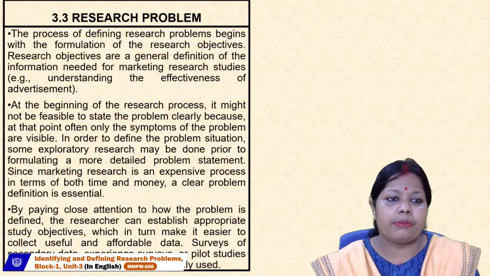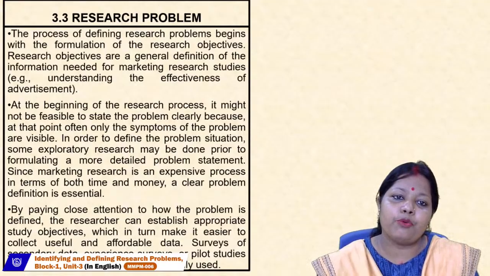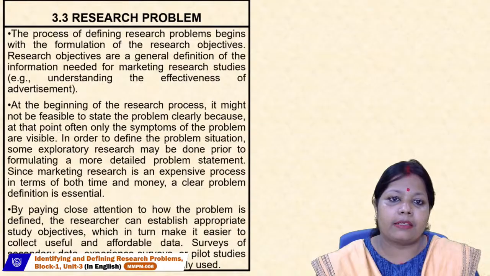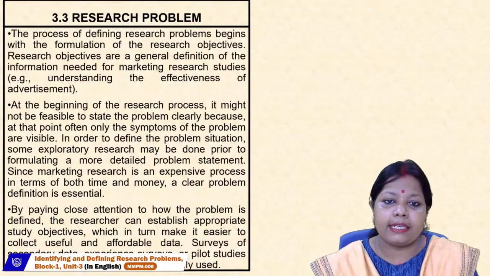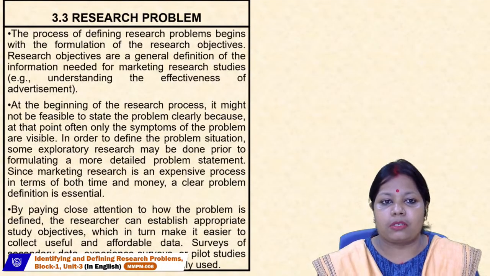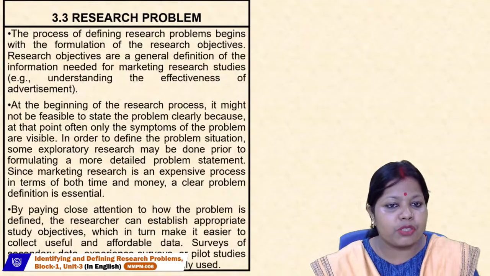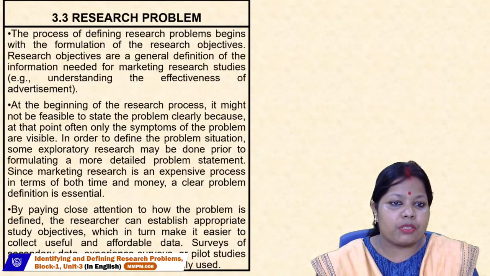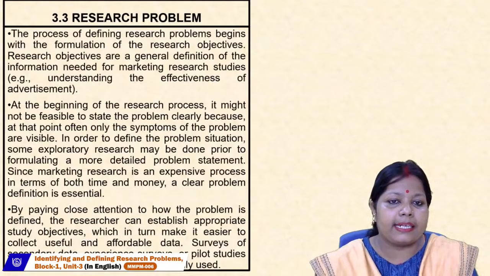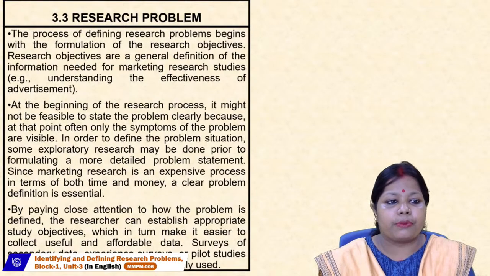Suppose we are launching any kind of promotional activity for a product or a company or any kind of service, then we should understand whether it is effective or not, whether it is making any significant contribution to the promotion or to increasing the sales. Is it effective? That should be understood.